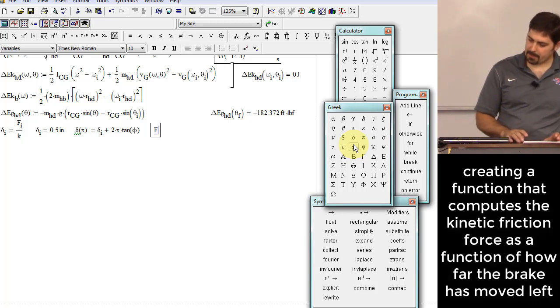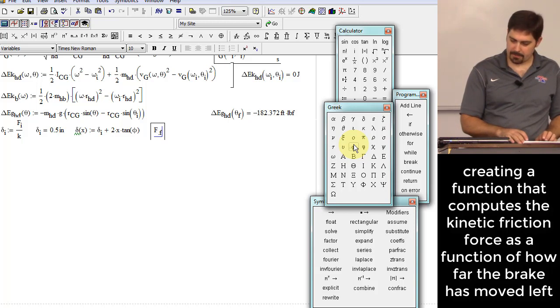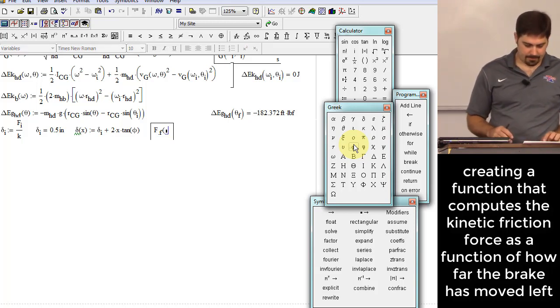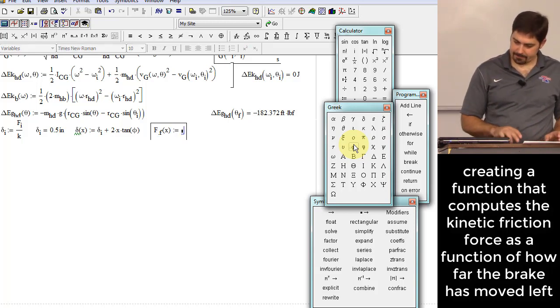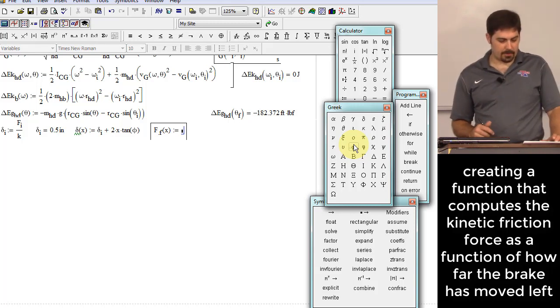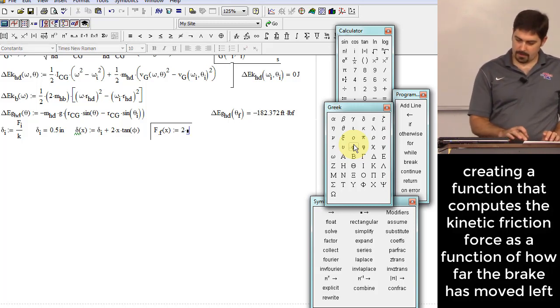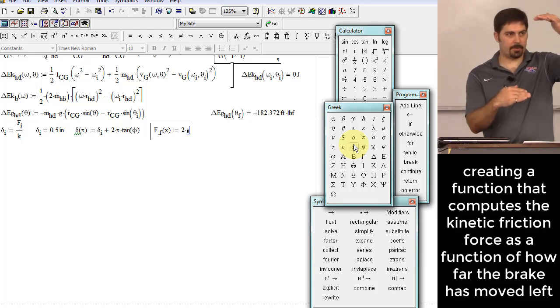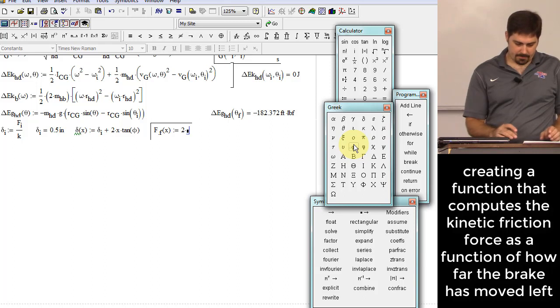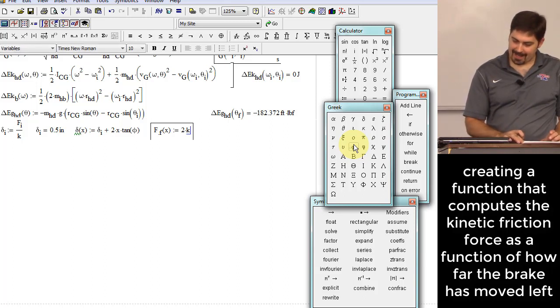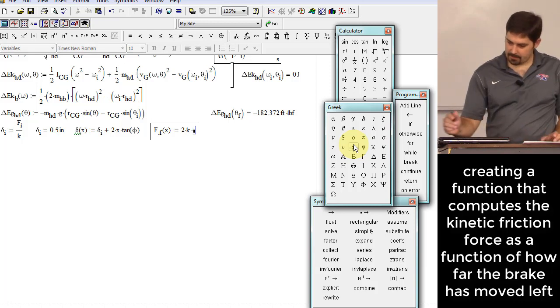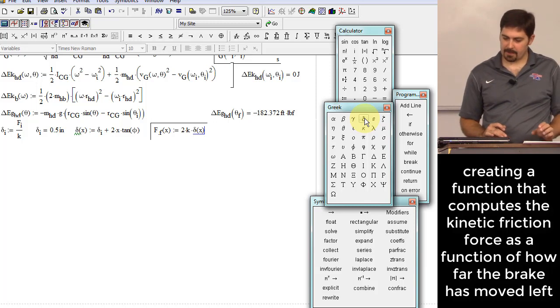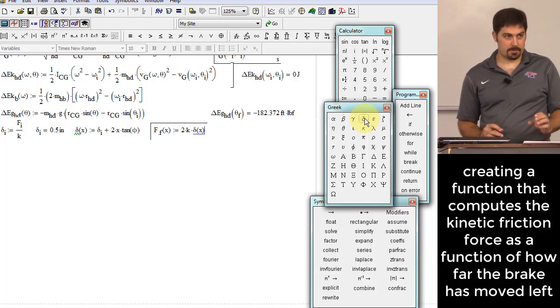Okay, I'll tell you what, I'll skip ahead one step and just go straight to my friction function as a function of x. For this, it's going to be equal to 2 times 2, because I've got both the upper and the lower, times, if I have k times delta of x, that gives me my normal force, right?